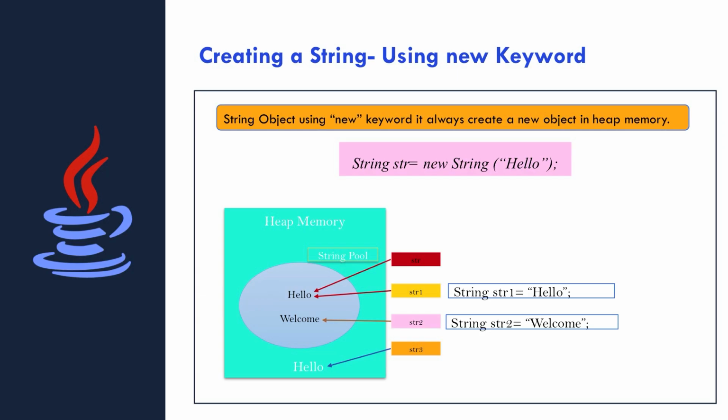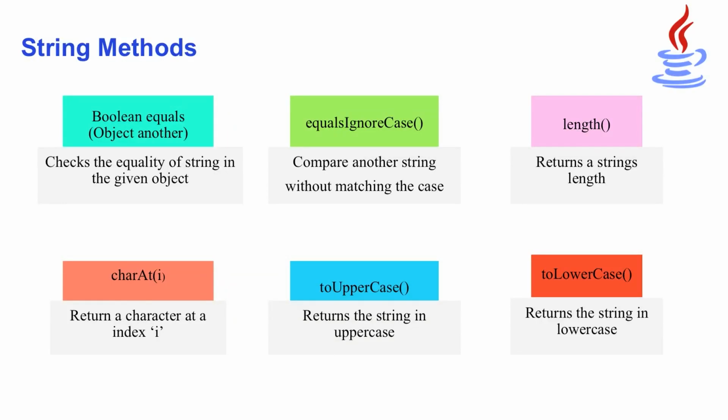So it is always a new object. It is not going to point to the string pool. So this is the difference between how we create a string literal and how we create a string object. Object construction happens with the new keyword and it is always a new object. Next is the string methods in Java.